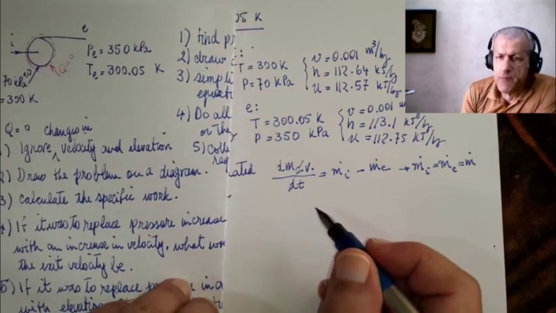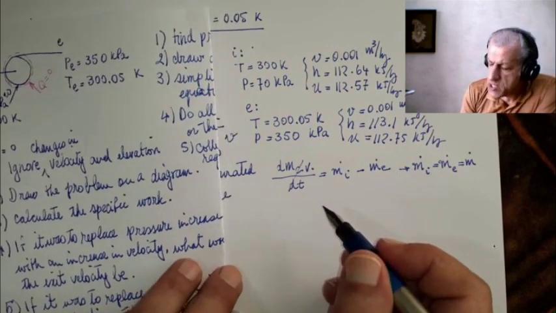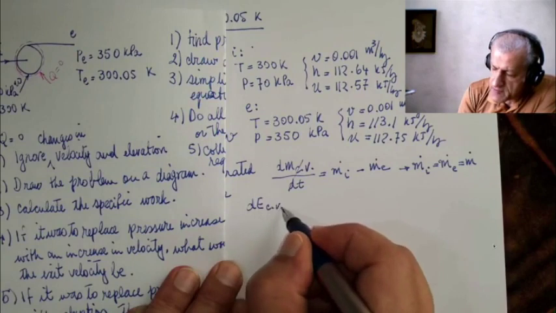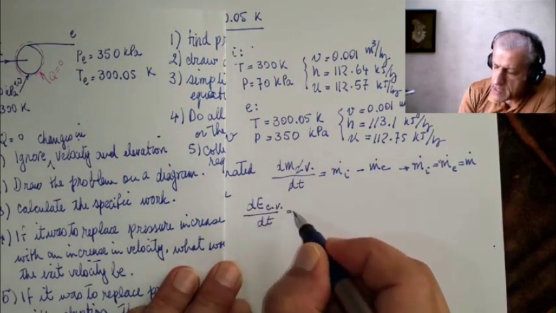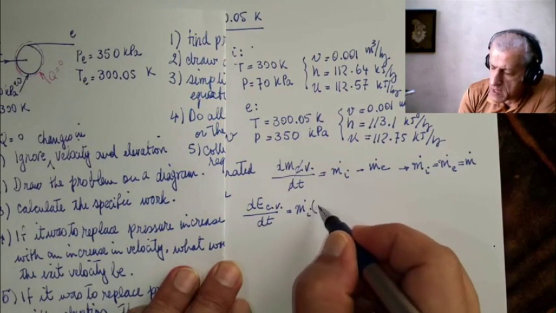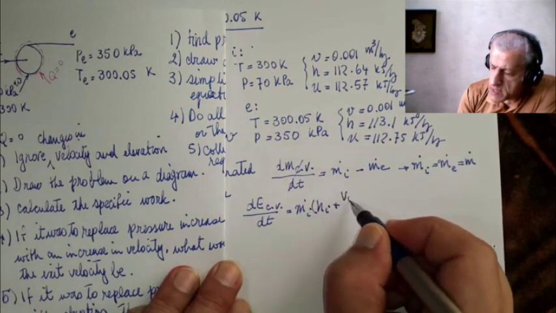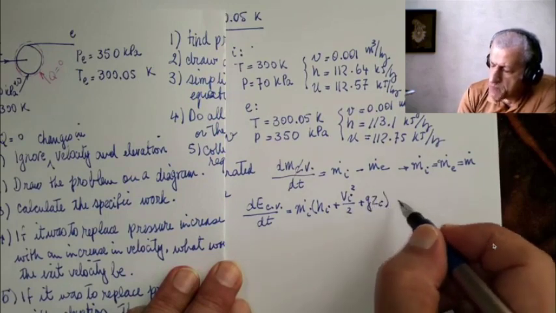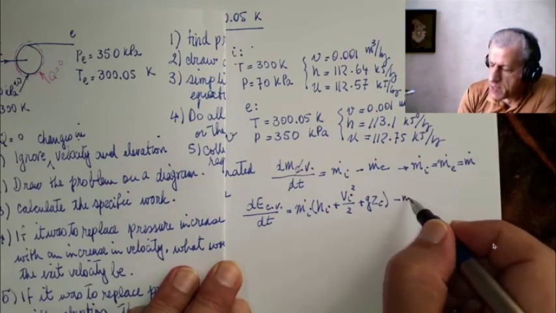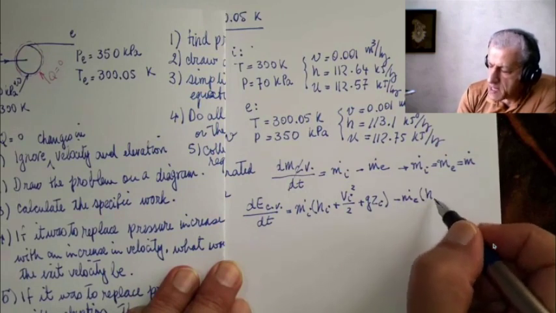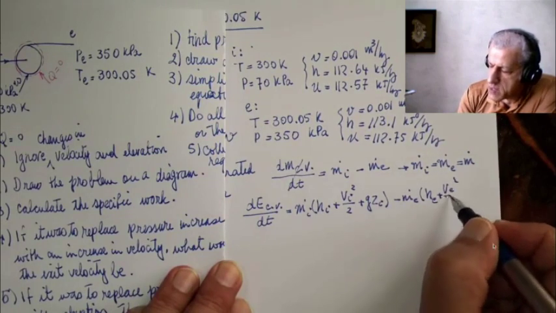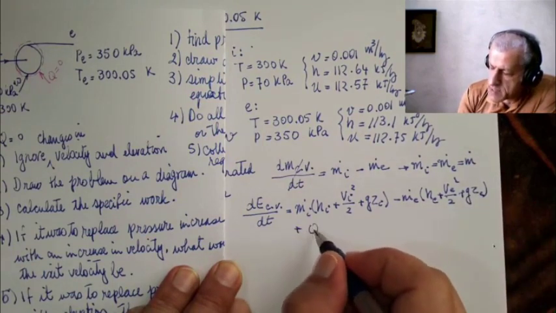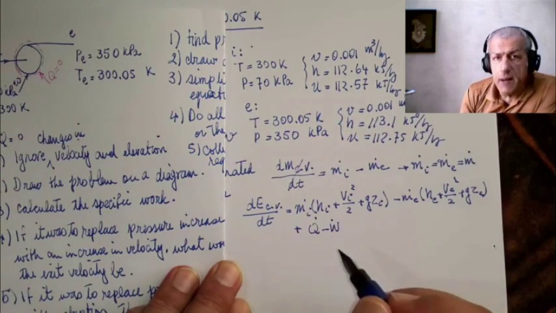Now, the energy equation would read dE_CV/dt equals m dot_i times (h_i plus v_i squared over 2 plus g z_i) minus m dot_e times (h_e plus v_e squared over 2 plus g z_e) plus Q dot minus W dot.